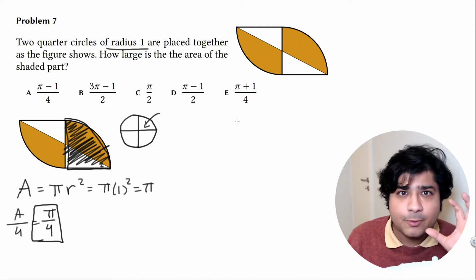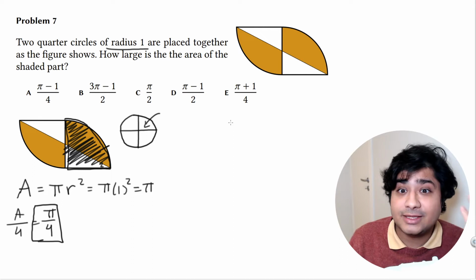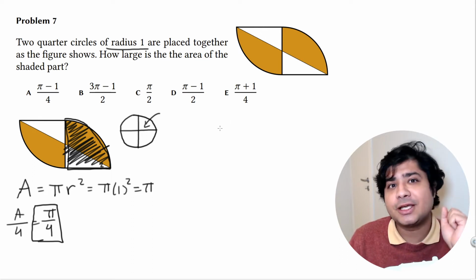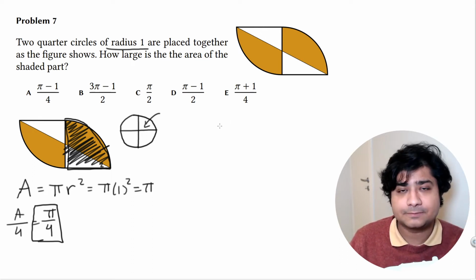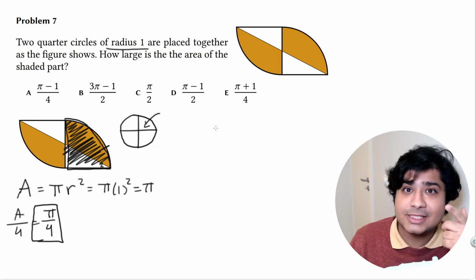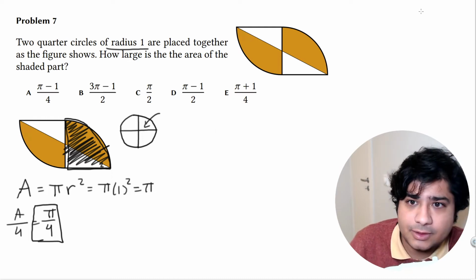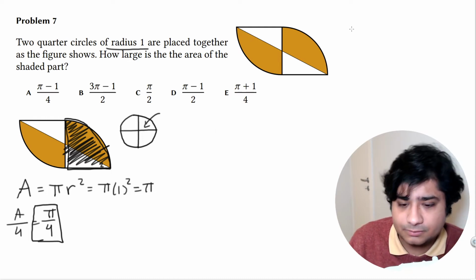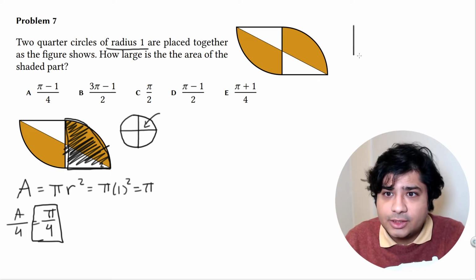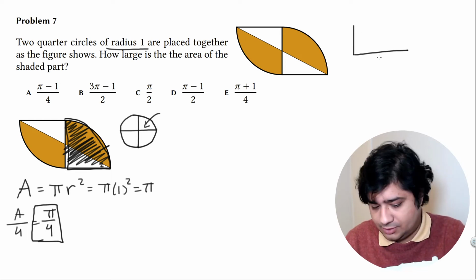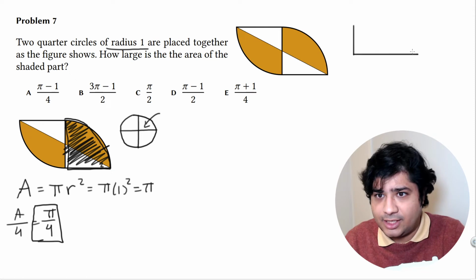So what if we figured out the area of the triangles and took it away from the total area? Looks like something we can do here. So let's think about one of these triangles. You got this one, and let's see if I can do it in a clear line. There we go. And then, of course, we got a diagonal line like this.